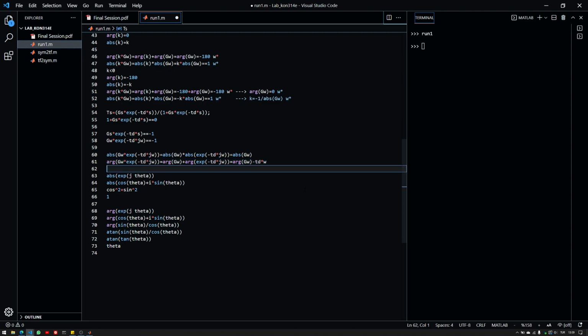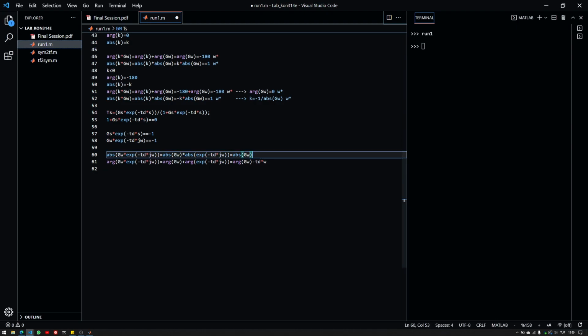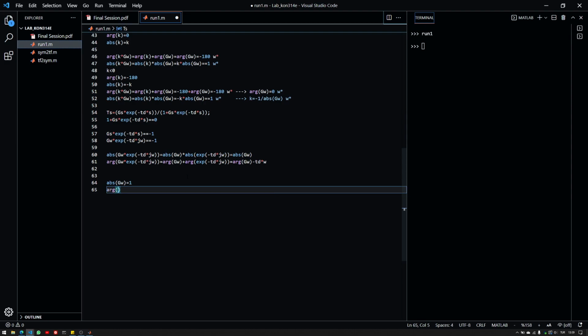So that's it, basically. Let's get rid of this part. At this point, we know that the absolute value should be equal to 1, and then the argument should be equal to minus 180 degrees if we want to get instability. So abs g omega is equal to 1, and the argument of g omega minus td times omega should be equal to minus 180 degrees.